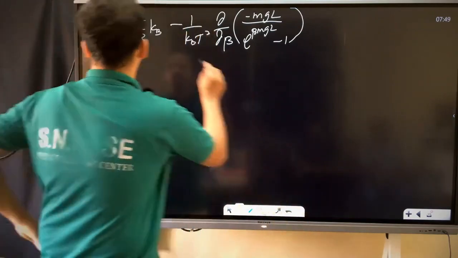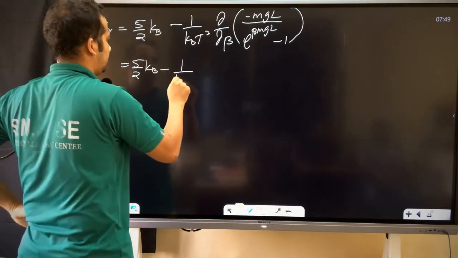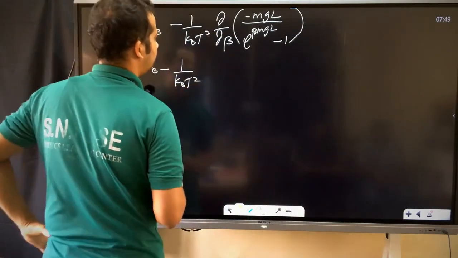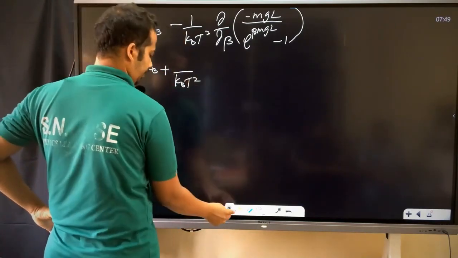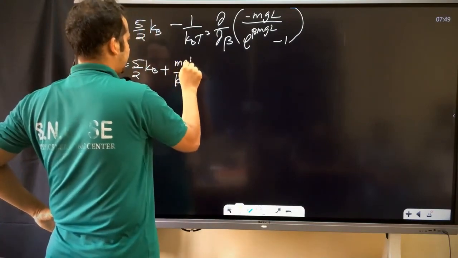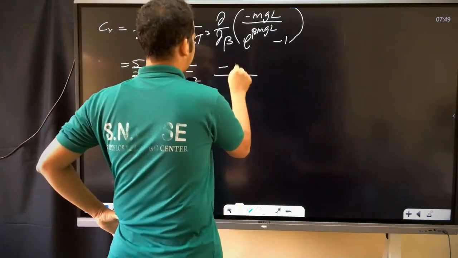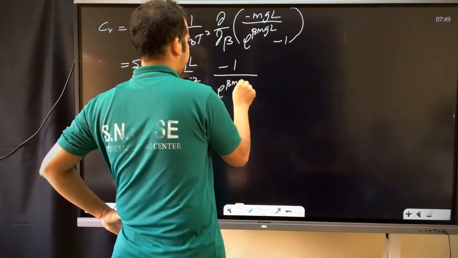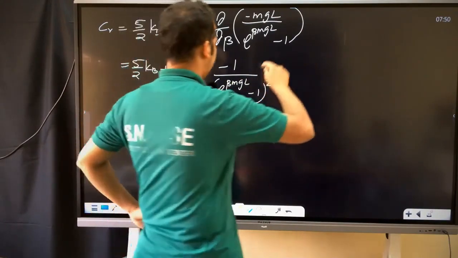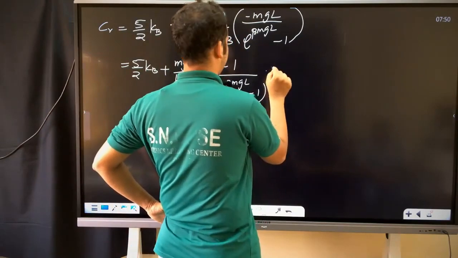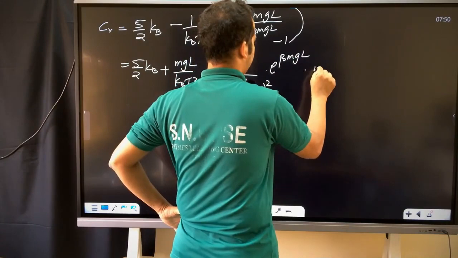So now this is nothing but 5 by 2 kB minus 1 by kB T square, plus mgL, minus 1 by e power beta mgL minus 1 the whole square into derivative of this one with respect to beta, e power beta mgL into mgL.